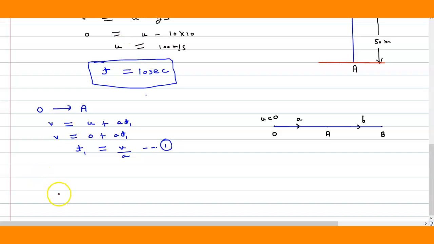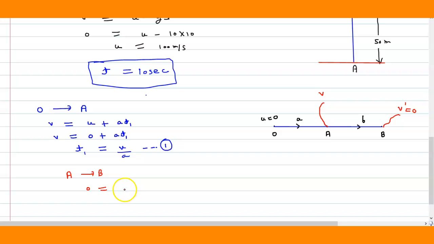Again, I am calculating the time from A to B. Suppose from A to B, the car takes time T2. Then again we use the first equation. We know that there is retardation of the car from A to B. It means the final velocity is 0 and the initial velocity at point A is V. At this point its speed is V, and at this point its final speed is 0 due to retardation.